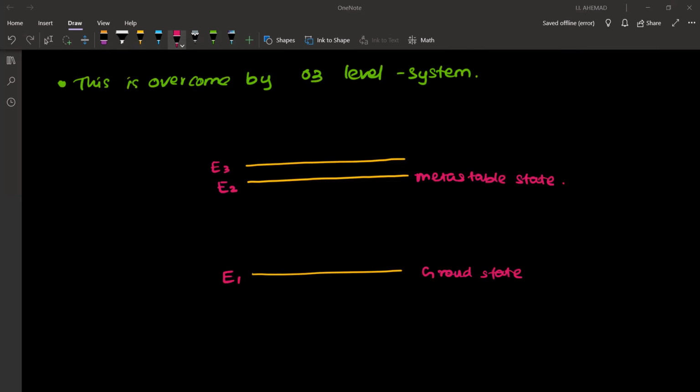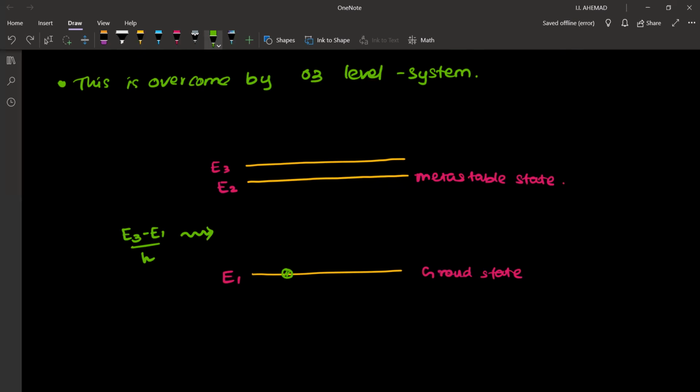I provide frequency. Now I am providing radiation of frequency (E3 minus E1) over h. So this photon has this amount of frequency. So what can you tell about the excitation or absorption process?